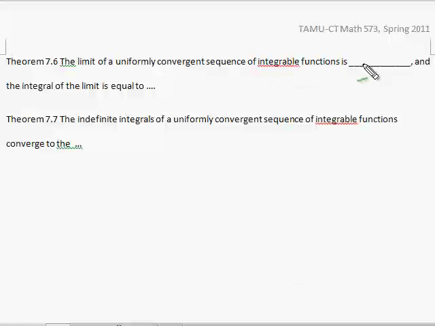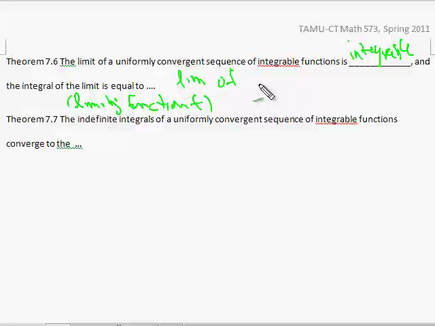Okay. Another important property of uniform convergence: the limit of a uniformly convergent sequence of integrable functions is integrable. Okay, so integrability is preserved by uniform convergence. And the integral of the limit, I could say the limiting function, is equal to the limit of the integrals.